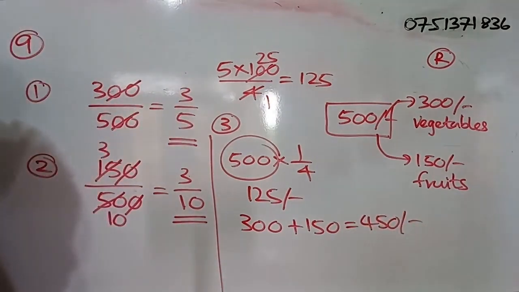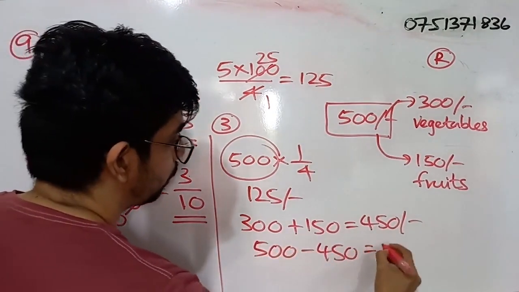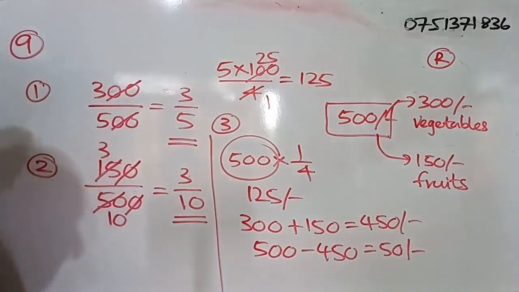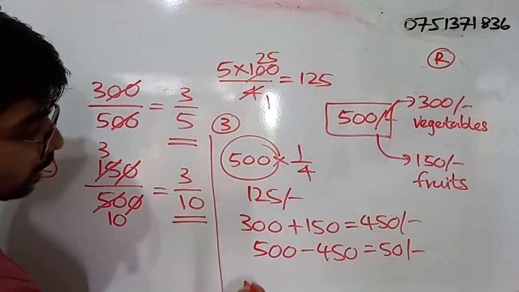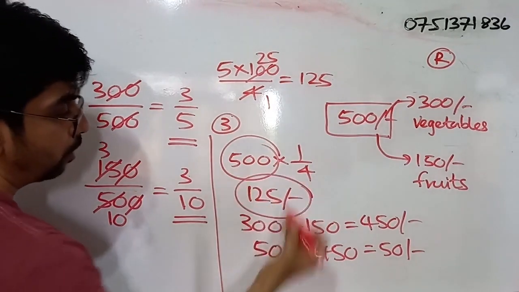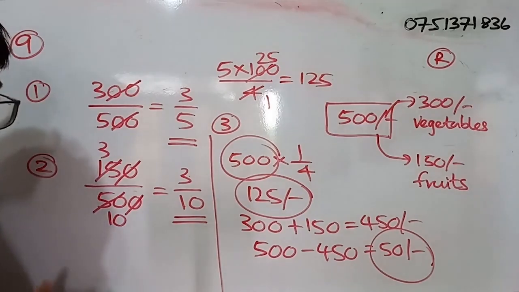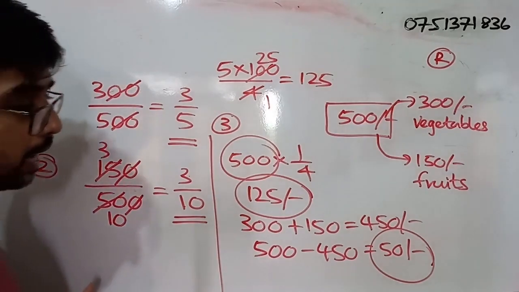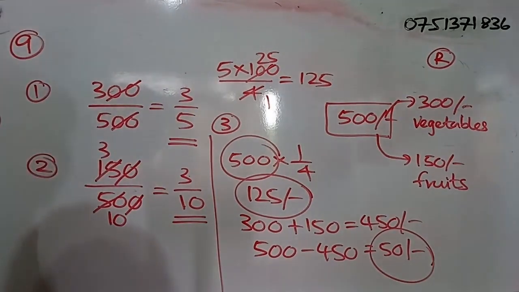What is the remaining amount? 500 minus 450, which is 50 rupees. So was she able to do it? No. Why? She was planning to save 125, but after she had completed the marketing, she had 50 rupees. So she was not able to do it.